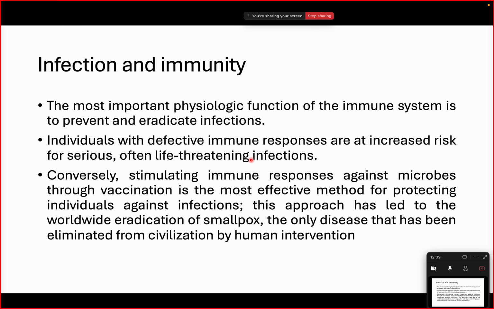So, what is infection and immunity? The most important physiologic function of the immune system is to prevent and eradicate infections. Individuals with defective immune responses are at increased risk for serious, often life threatening infections.